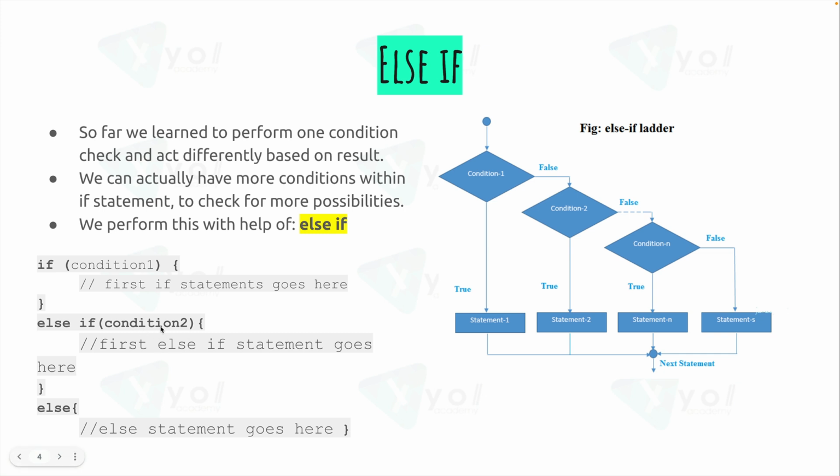And if condition 2 becomes true, we'll execute the body. If not, we'll go to the next one. I want to point out that you can have as many else if conditions as you need. You can add 1, you can add 10, and it's optional to use with the if statement. At the end, we will follow with the else block. The else block is going to have the same logic that we had before. If all of the conditions above became false, we'll execute the else block.